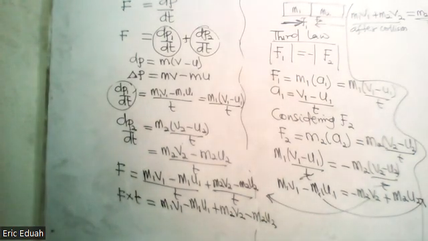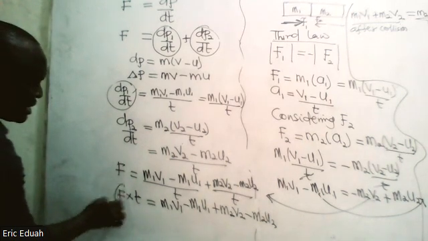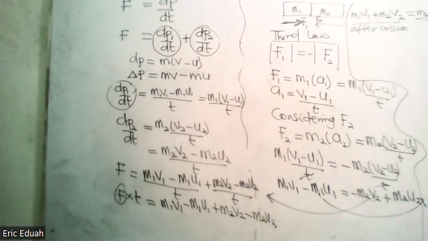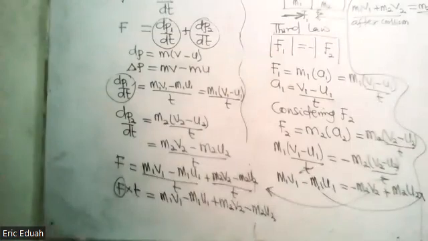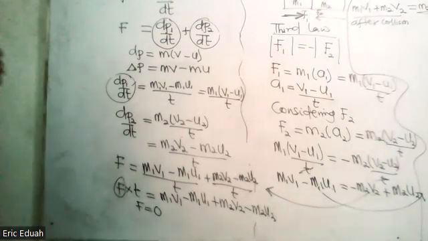Now, in a situation where this collision occurs in an isolated system, when there is no net force acting on a system of colliding bodies, F is equal to 0.